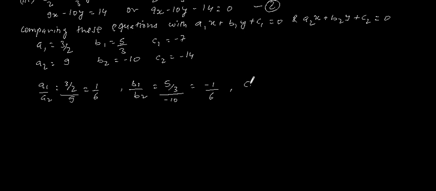And c1 by c2 is equal to minus 7 by minus 14, which is equal to 1 by 2. Now here we can see a1 by a2 is not equal to b1 by b2.